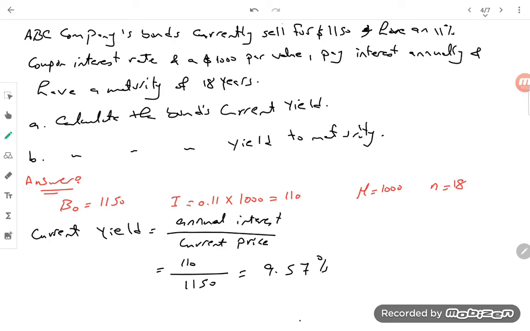What about requirement number B, which is yield to maturity?